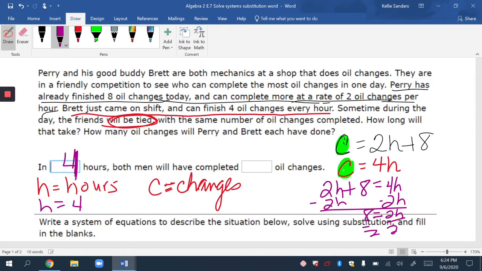And 4 hours are going to have the same amount of oil changes. Let's see if that's right. If we put 4 in for hours here, how many changes would Brett do? 16. If we put 4 in for here, 2 times 4 is 8, and 8 plus 8 is 16. So in total, they've done 16 oil changes for each person total.